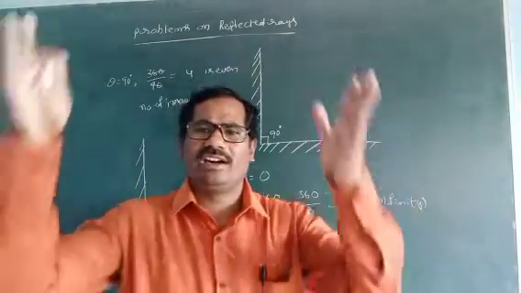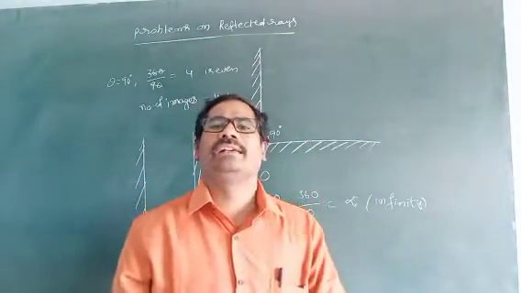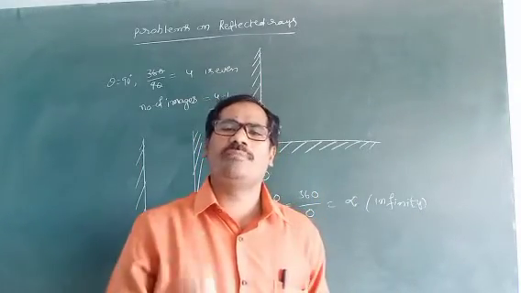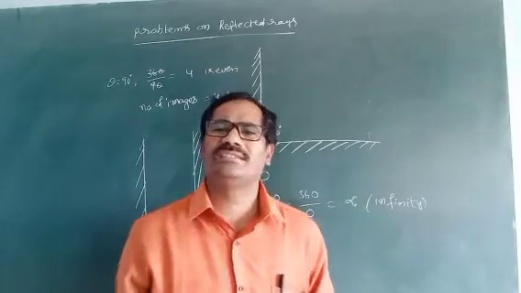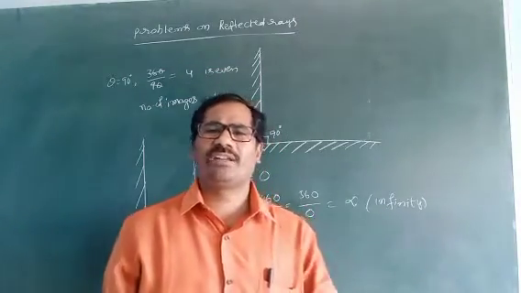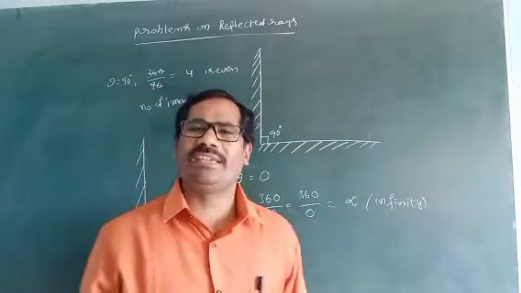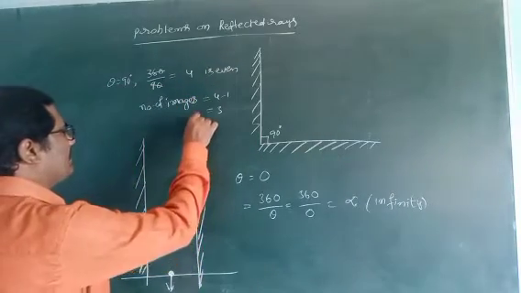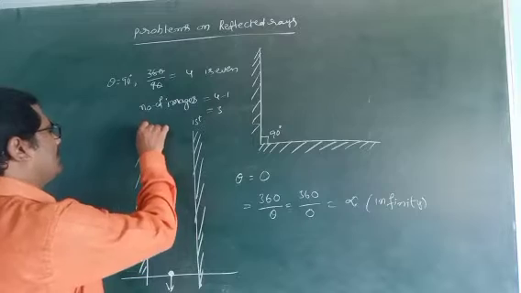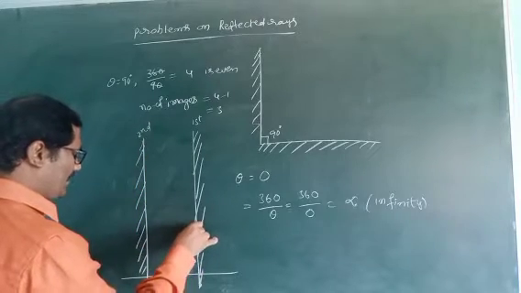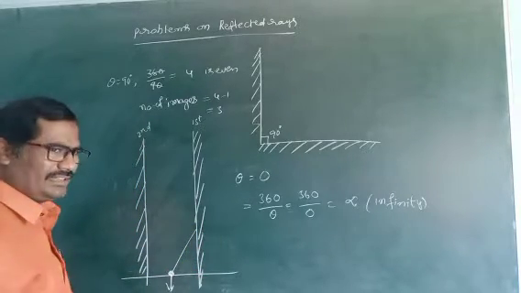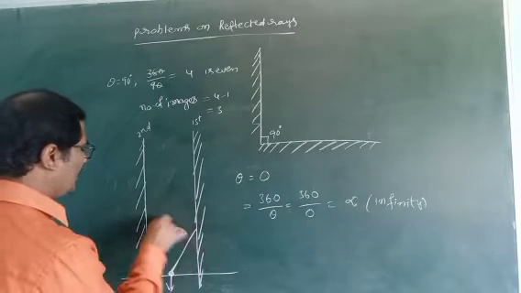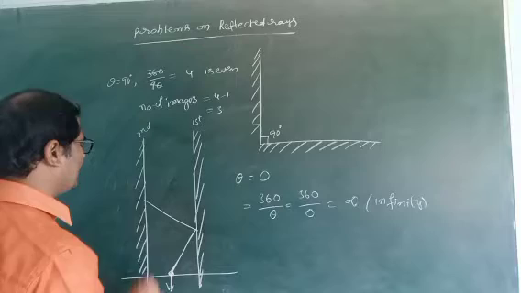With two parallel mirrors and the object in between them, how many images are formed? Infinity images. Take the first mirror and the second mirror. The first ray is the incident ray, there is the normal, and there is the reflected ray.